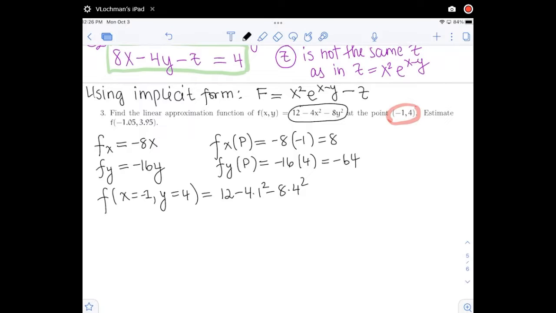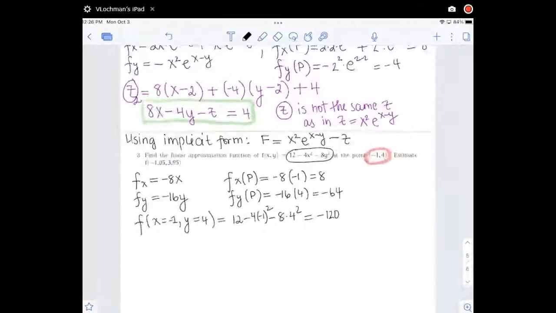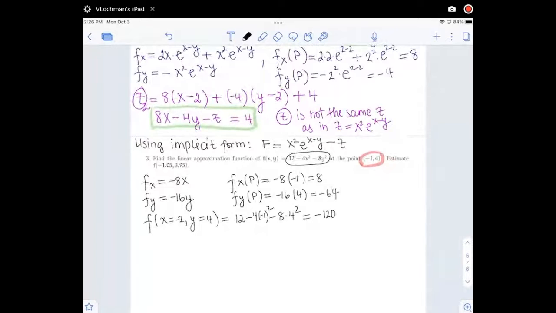Oops, should be -1. It's not going to change the answer. Once we do this, we're going to get negative 120. Now we have everything we need to put it together into L as a linear approximation function.